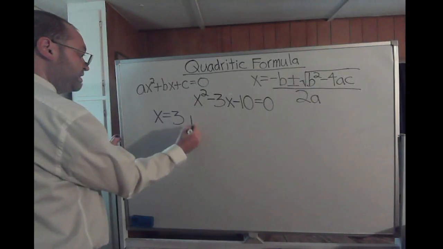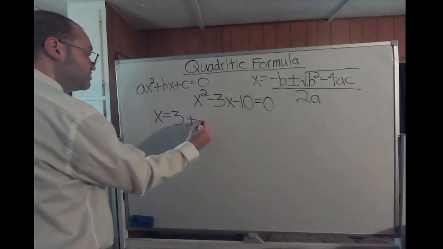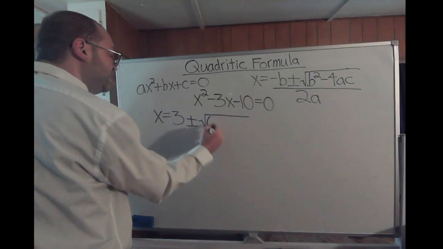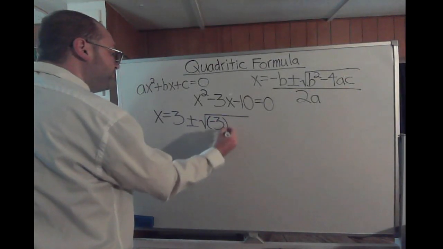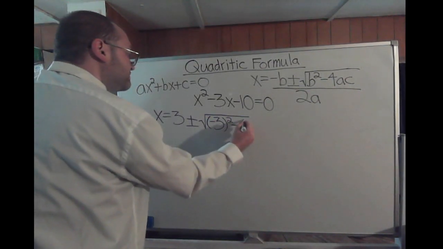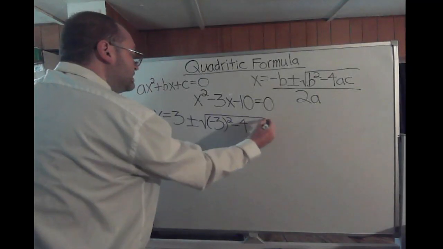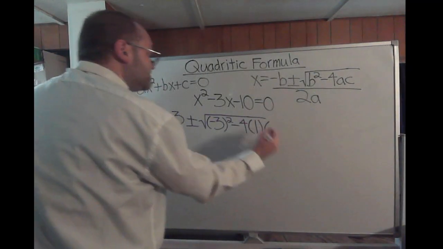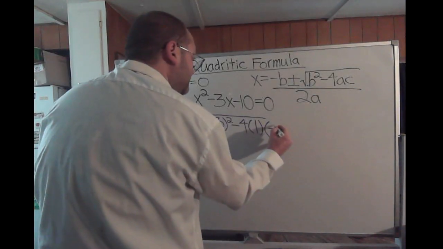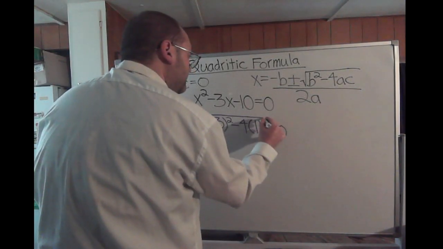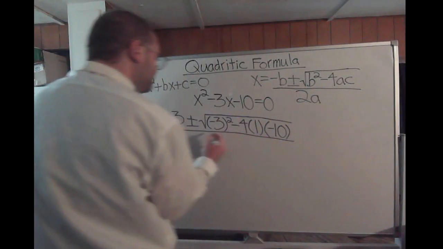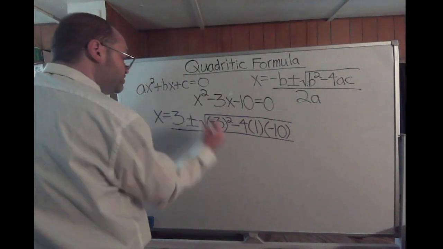You would do 3 plus and minus the square root of that b squared, which is negative 3 squared, minus 4 times your a, which is 1, times your c, which is negative 10. You're going to put all that all over 2 times your a, which is 1.